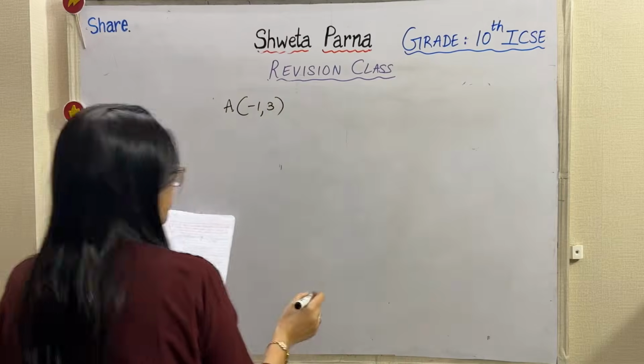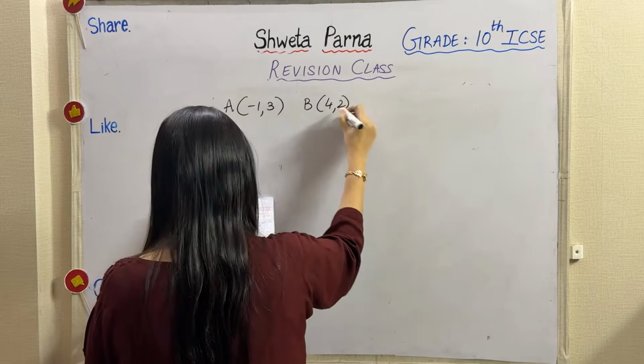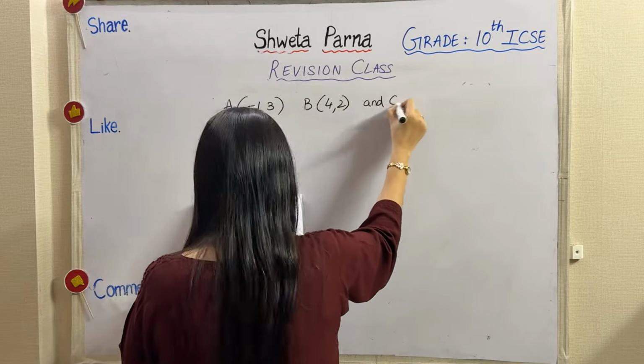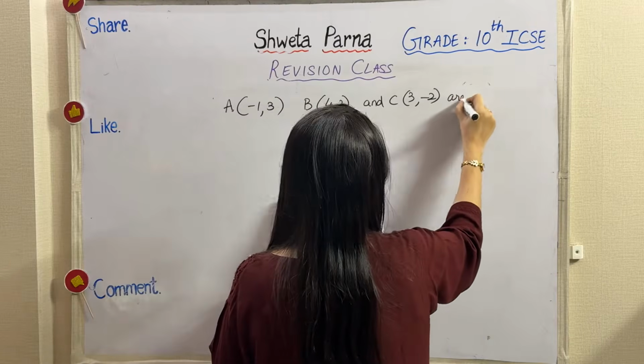Children, this is the last question for this chapter. I hope you are getting clear. And C is (3, -2). They are the vertices of a triangle.